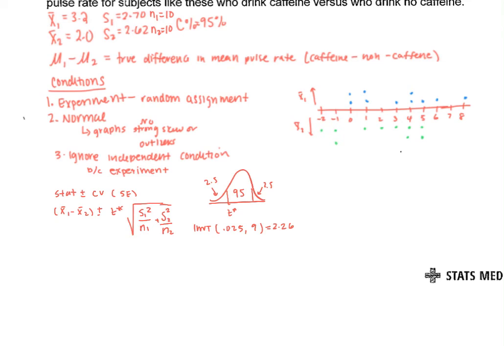We've got 3.2 minus 2.0 plus or minus 2.26 times the square root of 2.7 squared over 10 plus 2.62 squared over 10.